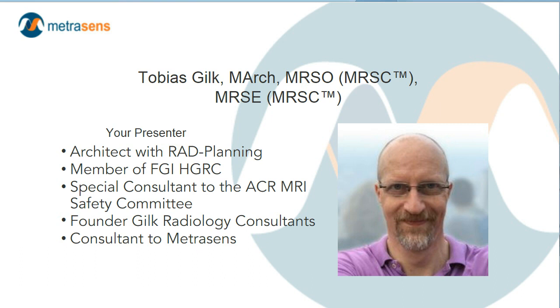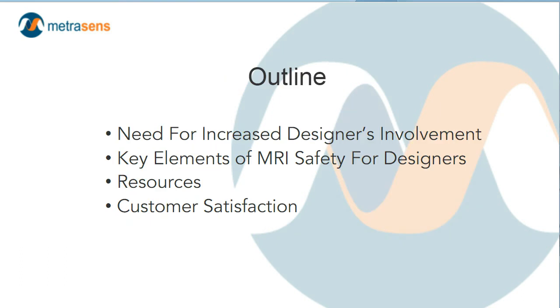So over the next 40 minutes or so, these are the elements that we're going to touch on. The first of which is, with respect to MRI facility planning and design, the need for an increased level of involvement on the part of the planners and designers, a better understanding of the functions of MRI facilities clinically and operationally such that the designs can better meet those needs.